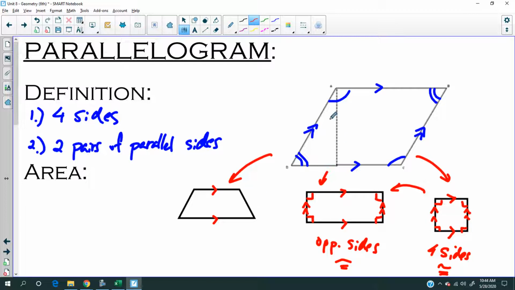So again, if only one pair of opposite sides are parallel, you get a trapezoid. If both pairs of opposite sides are parallel and all the angles are 90 degrees, you'll get either a rectangle or a square. And if you get even more specific, where all 4 sides are equal, then you don't have a rectangle, you've got a square.